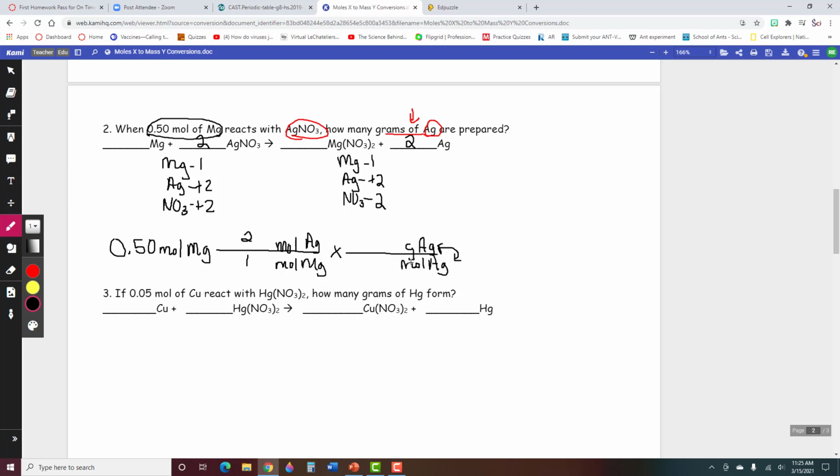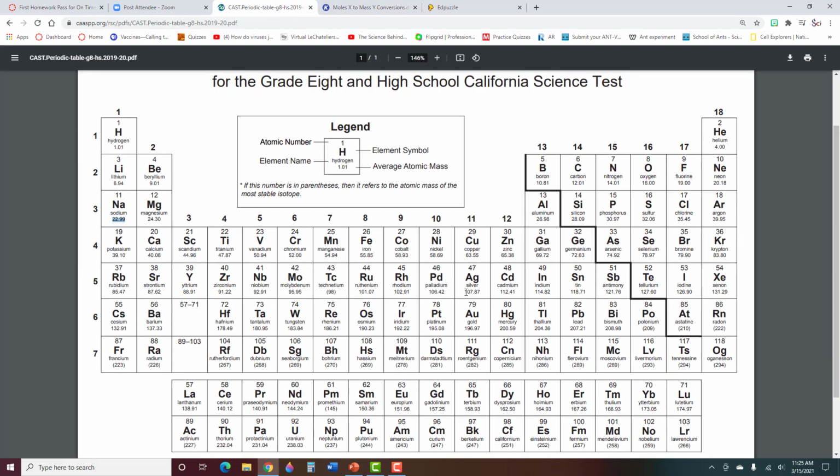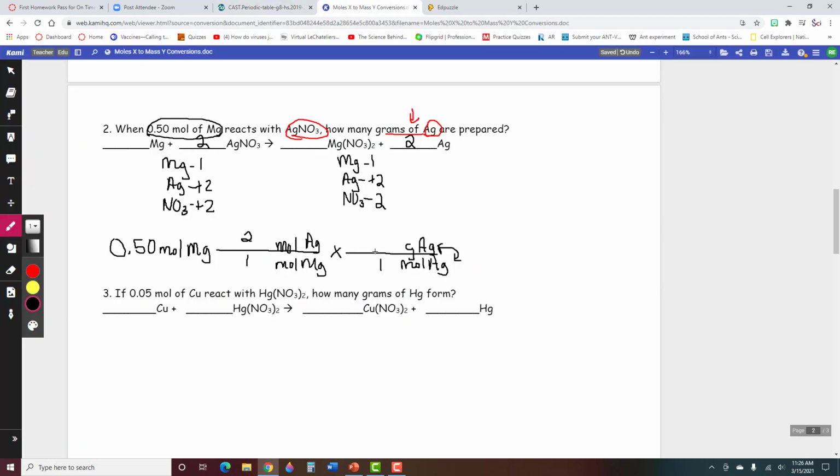And then you also know that grams and moles, this mole is always going to be 1, and this grams comes from the periodic table. So Ag here is silver, 107.87. I don't have to do any math there because it's just a single element, 107.87. Now I solve. Always multiply by the top, divide by the bottom.